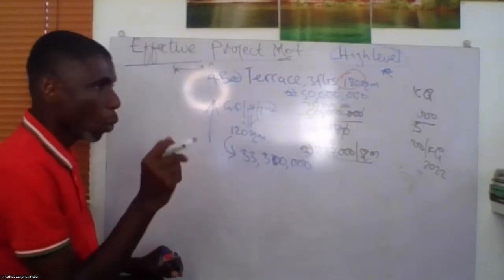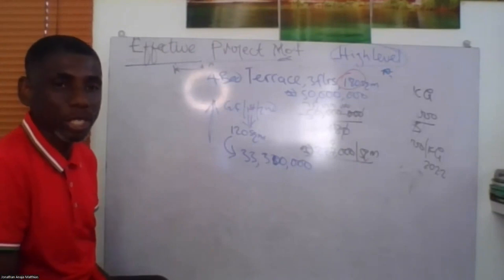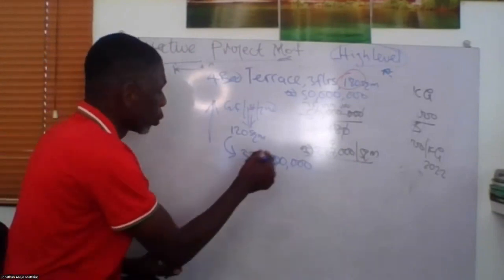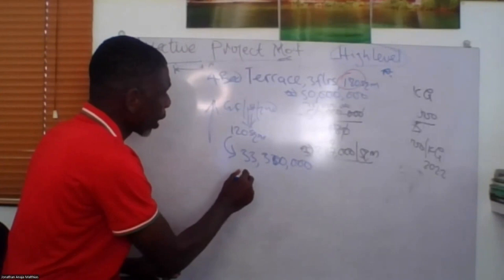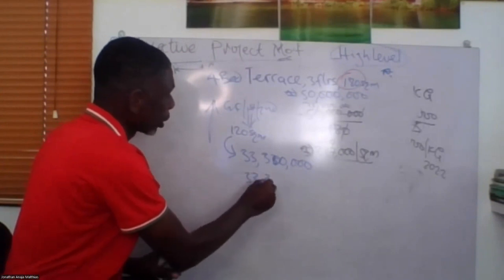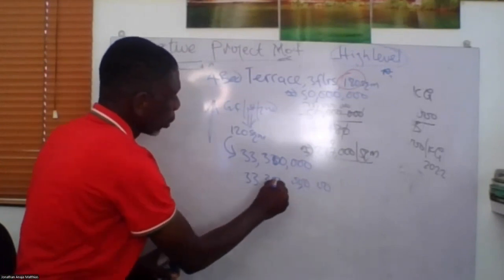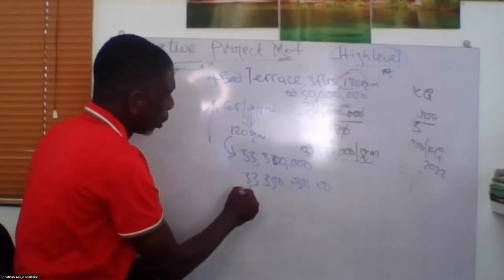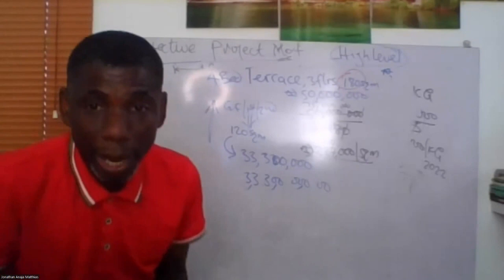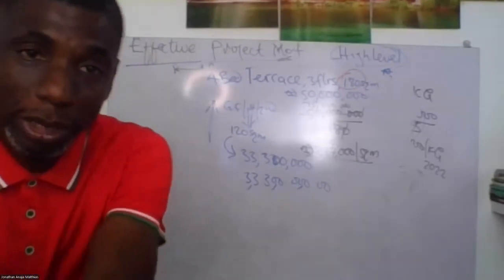So I will tell him, for each of your terraces, just budget 33 million naira. So if he's doing 100 units of that, he's looking at 3.3 billion naira as his project cost, approximately, right?